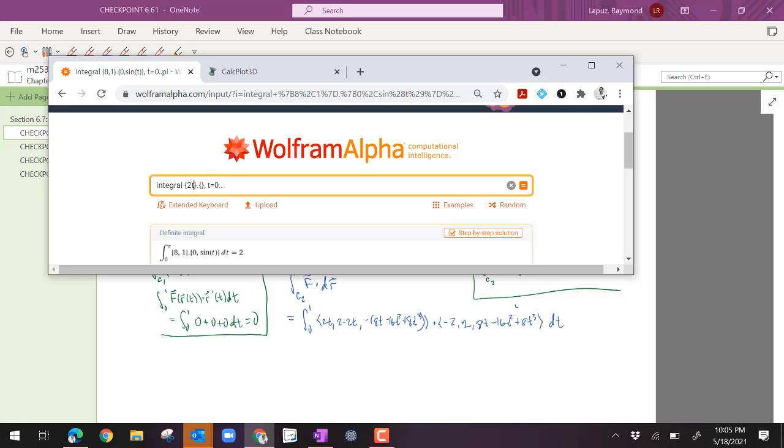So we have 2t comma 2 minus 2t comma negative parentheses 8t minus 16t squared plus 8t cubed, close parentheses. So that's the first vector, that's f of r of t, and then we have a negative 2 comma 2 comma 8t.